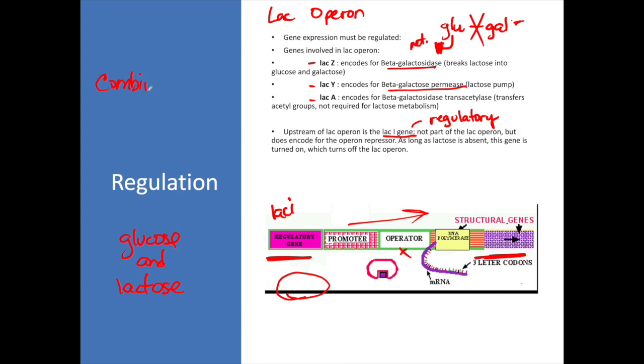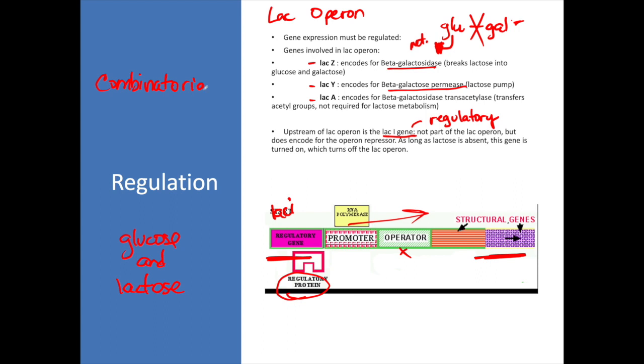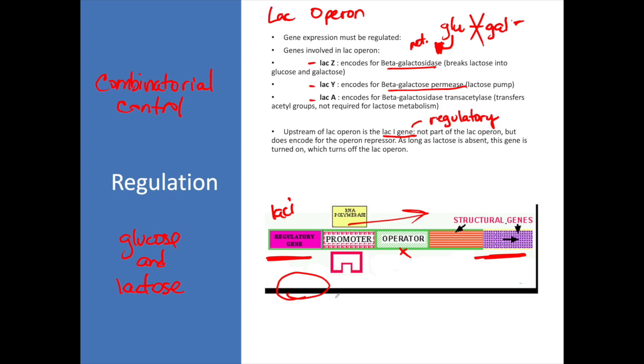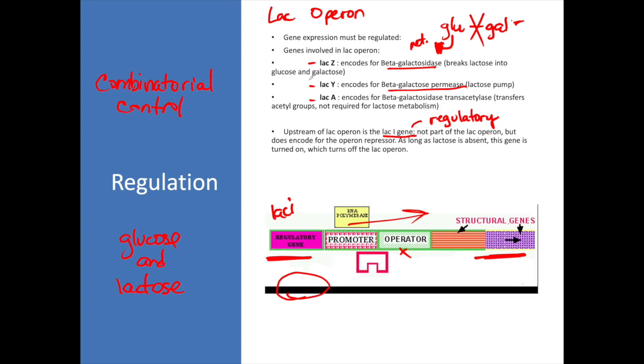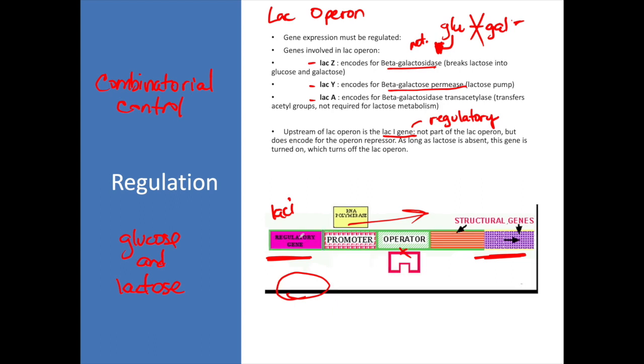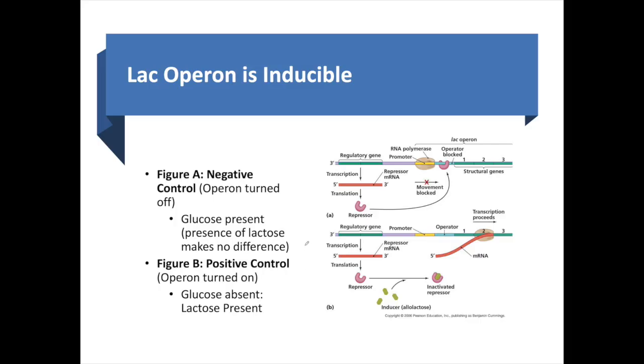So it's a combination of 2 processes that will determine whether or not the Lac Operon is actually produced to make these 3 proteins. So this is why the Lac Operon is called an inducible operon. It is environmentally dependent. It totally depends on whether lactose and glucose are present in the cell.